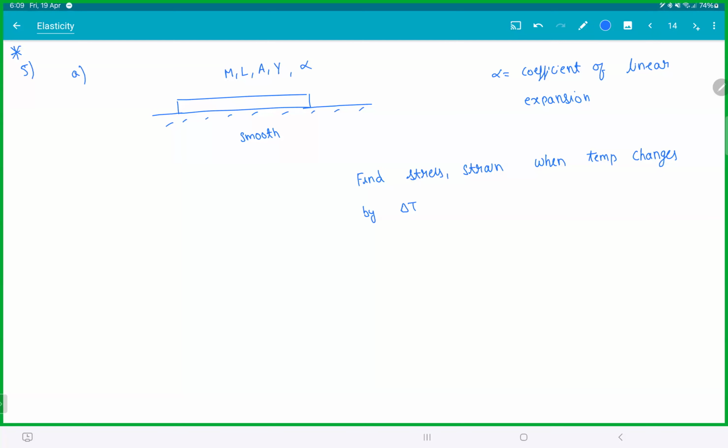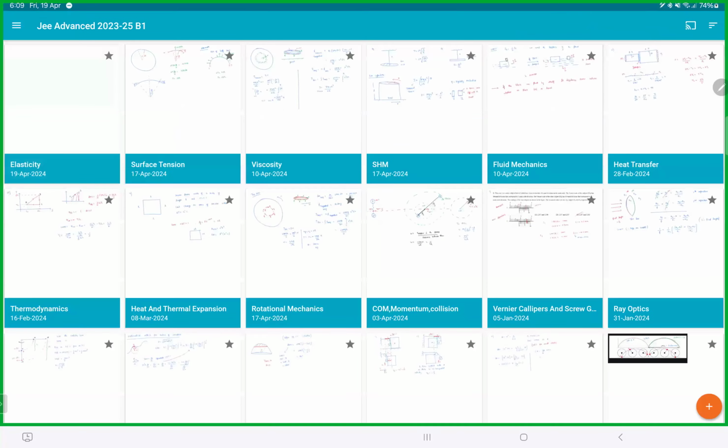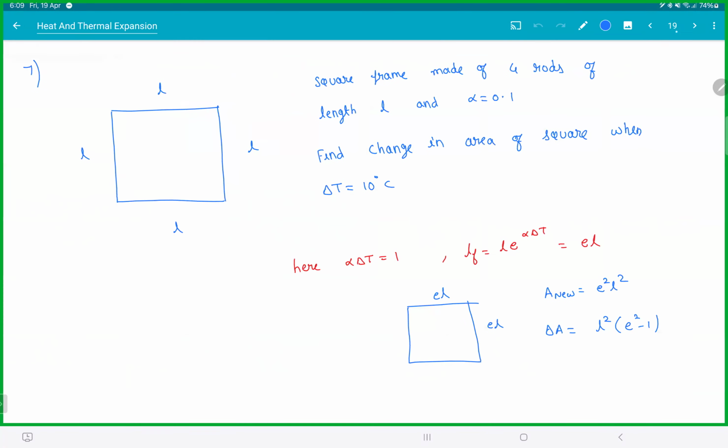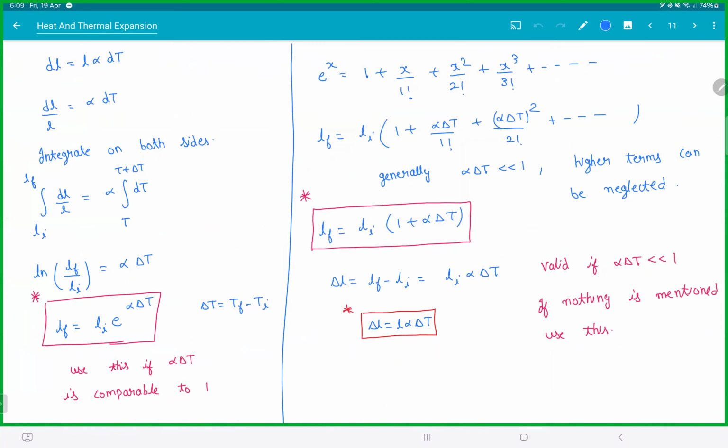What is the answer? First of all, let's go back to little basics. What is delta L? What is this exactly? Whenever you expand a rod, if you go back to thermal expansion, I wrote a statement there. Look at this.